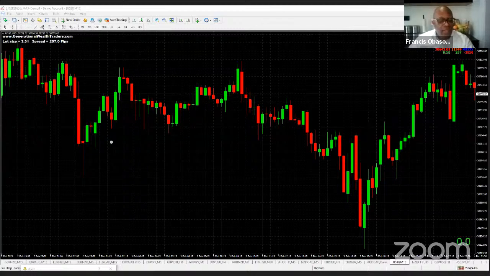So on the one hand, it's important to know the difference, but it's also important to know the actual value of the price movement. Otherwise, you could end up being a losing trader.